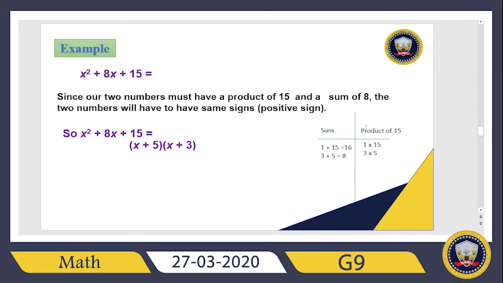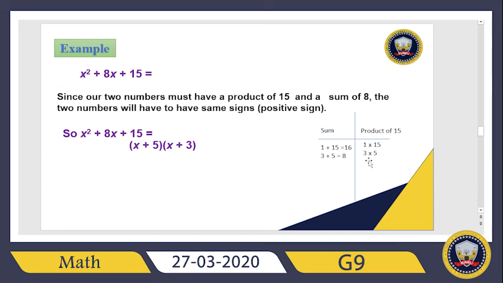Then I will write down in one of the columns of the table all the factors of 15, all the numbers which, if I multiply them together, the answer is 15. Starting from 1 times 15 and 3 times 5. Do I have any other factors? I don't think so.